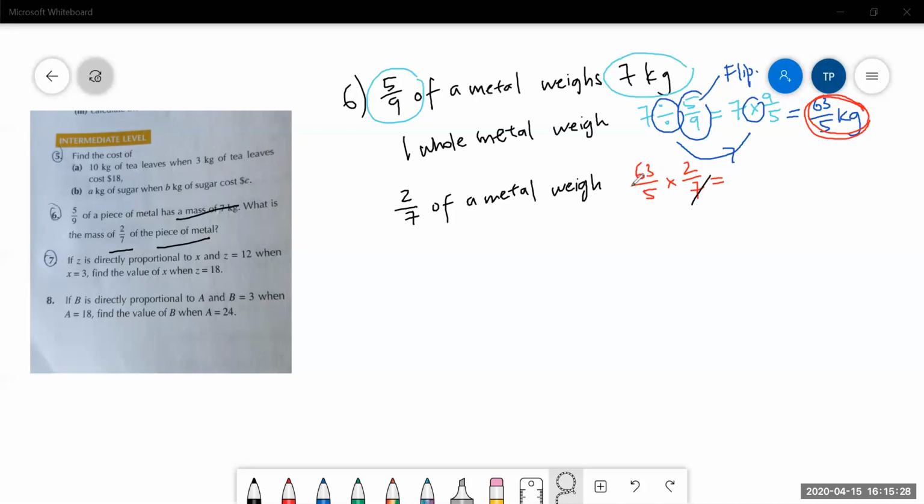Correct, cancel. What do you get? 9 and 1. Make the numbers smaller first, then multiply. 18 out of 5 kg. Perfect. Answer. Get it?